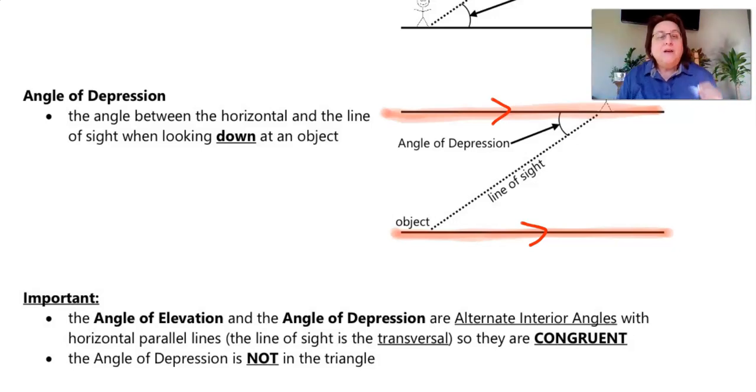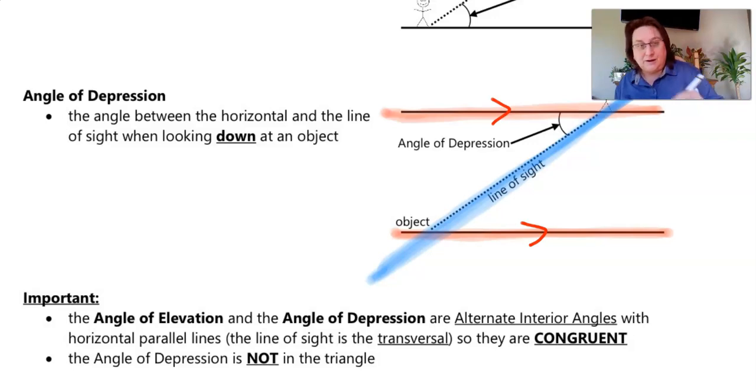Now, they are alternate interior because our line of sight right here is the transversal. So if you guys will see, and I'm actually going to draw it in here, the angle of depression, which is up here, and the angle of elevation, which is down here, guys, those are alternate interior angles, so they have to be congruent.